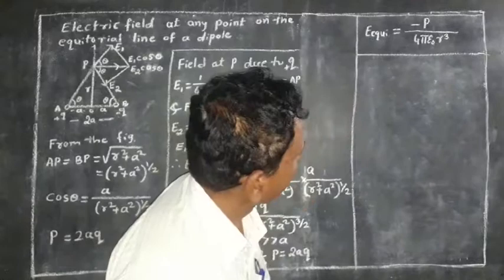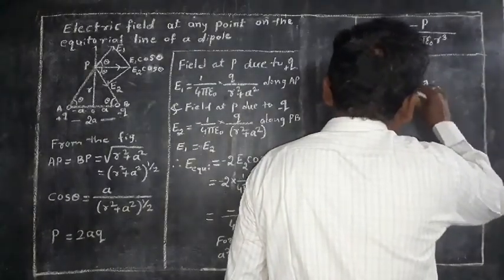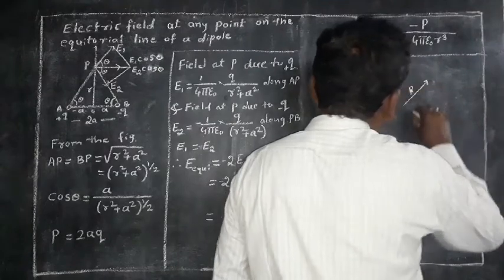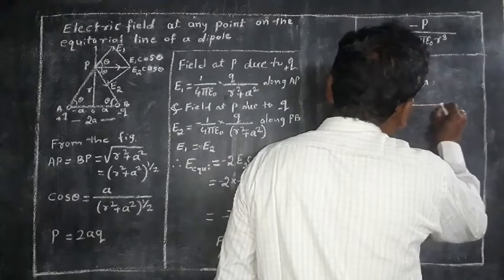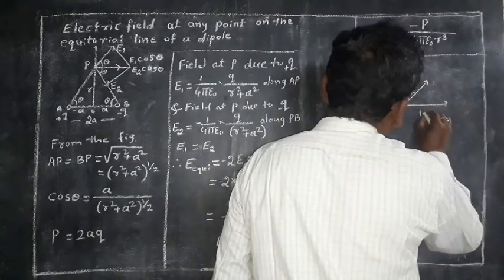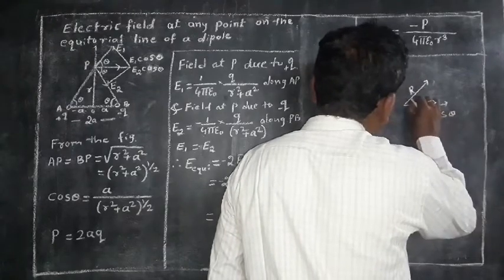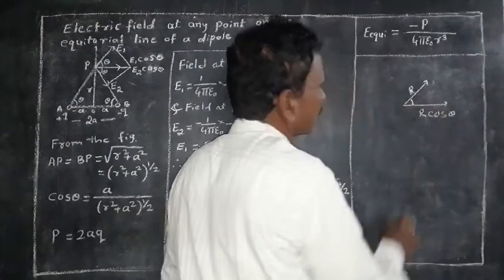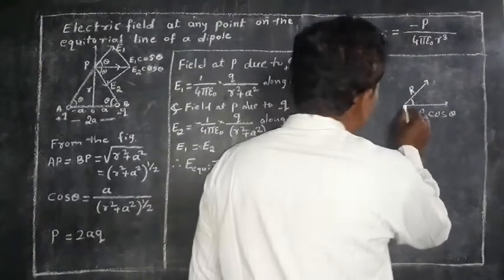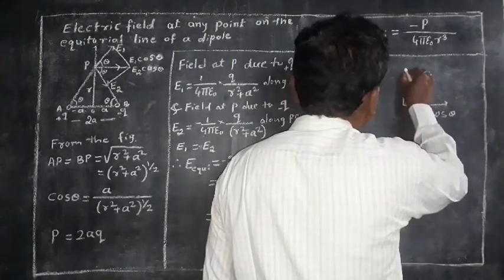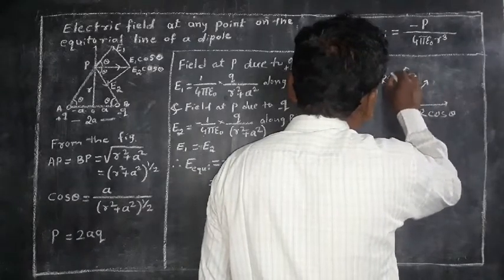If R is a vector, then the component of vector R along the horizontal is R cos theta, where theta is the angle made by the vector with the horizontal, and the component of R along the vertical axis is R sin theta.